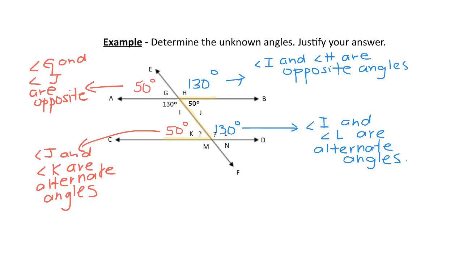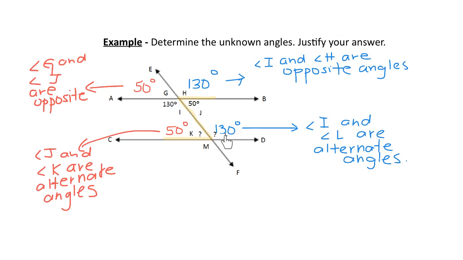The last two angles that we need to figure out are the bottom angles, which are angle M and angle N. Again, you can use one of two different methods or theorems. I know that angle L, which is 130, is opposite from angle M, and I know that opposite angles have to be equal.